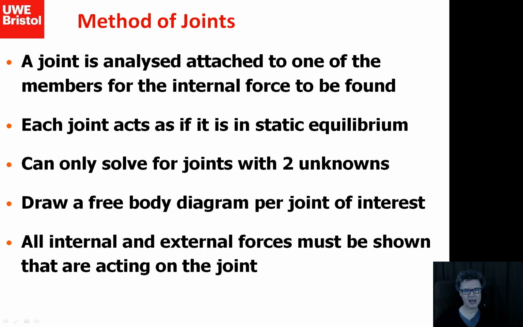Each joint acts as if it's in equilibrium. So the external forces applied to the joint and the internal forces that we're exposing by cutting around those members, all those forces must be in equilibrium so that that joint can't move.